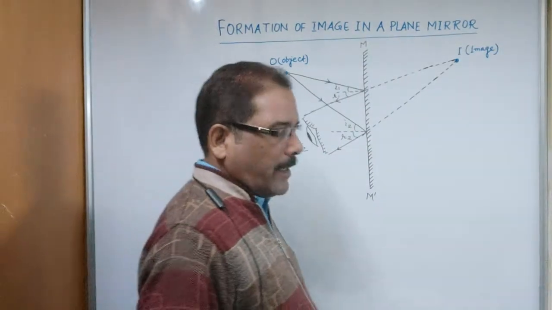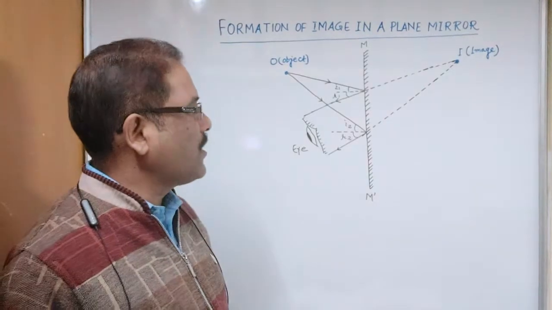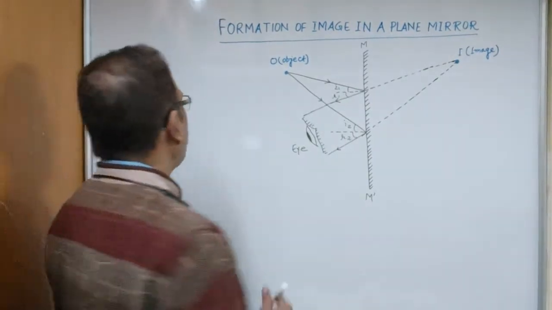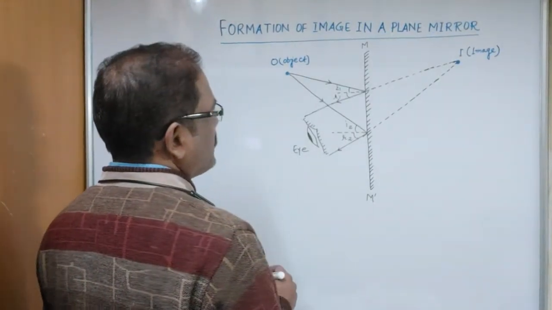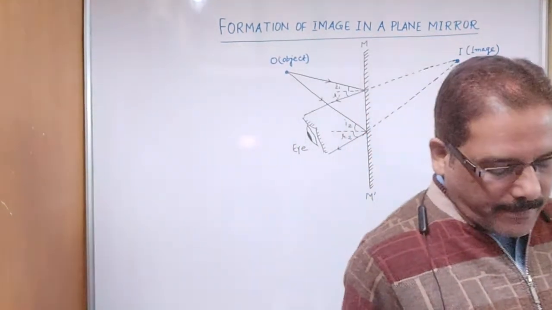So another important thing about the images, that there are two types of image: real image and virtual image. First you draw this diagram, a very important diagram.